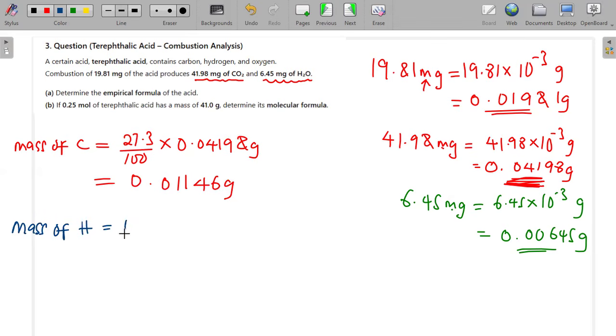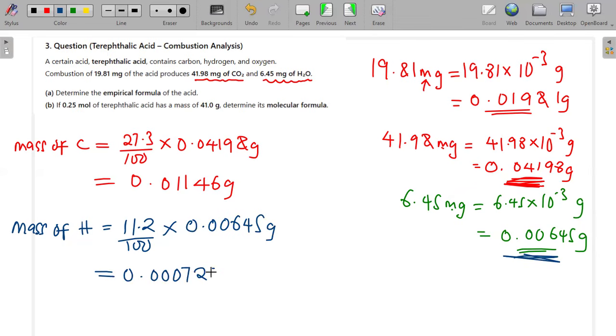So that would be 11.2 over 100 multiplied by the mass of water, which is 0.00645 grams. Punch this on your calculator and I'm finding 0.0007224 grams.